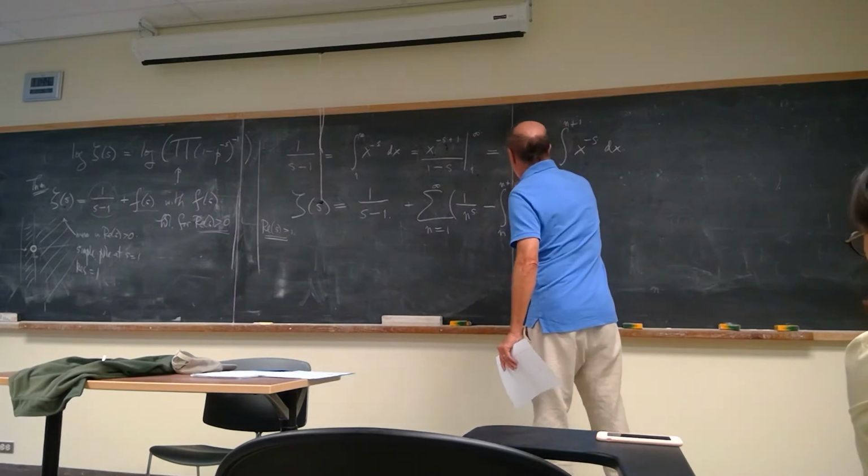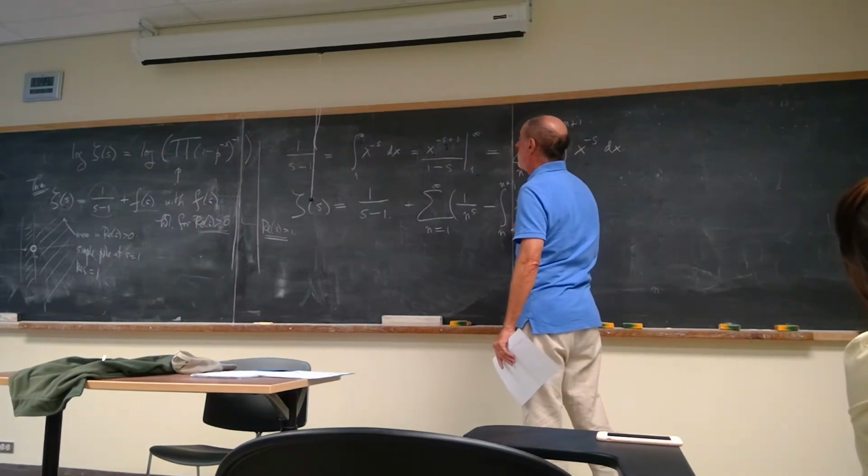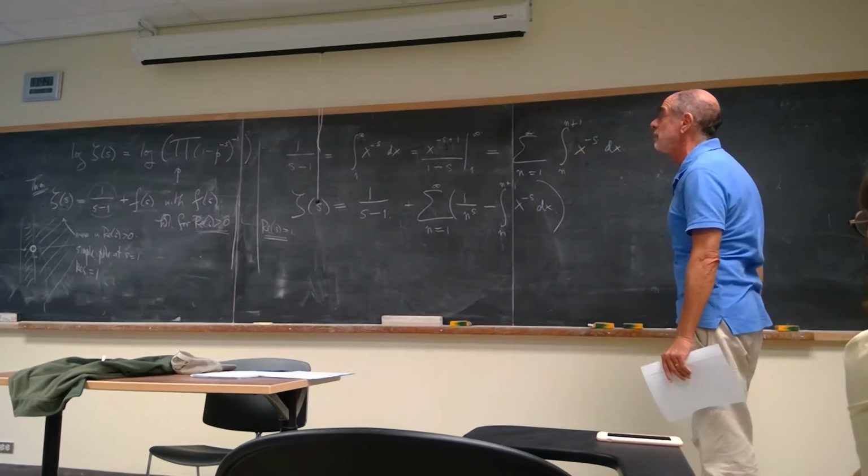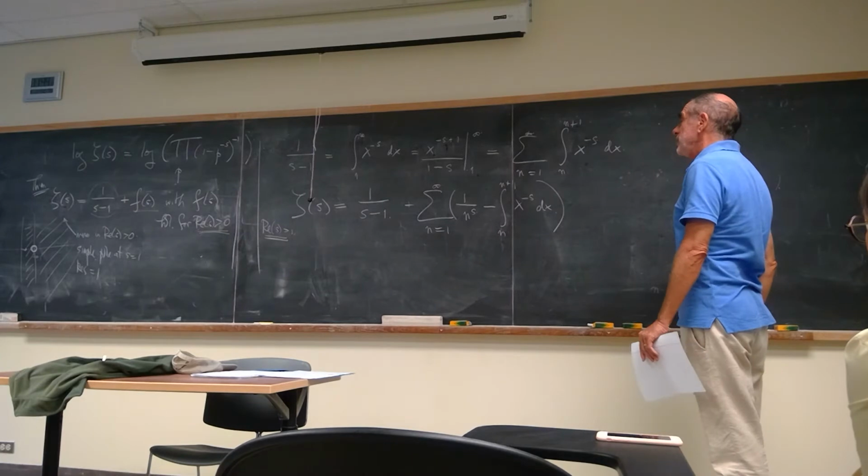This infinite sum, again, converges for s bigger than 1 because it converges to this integral, which is well defined. And so I've added and subtracted 1 over s minus 1 to the zeta function.